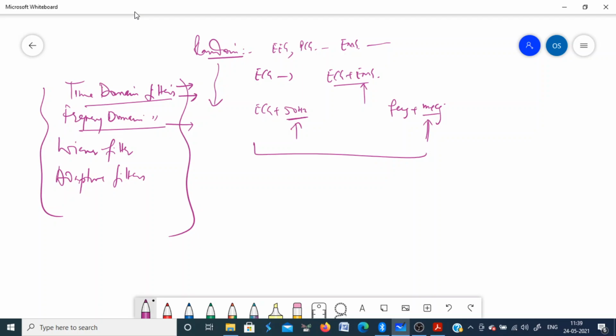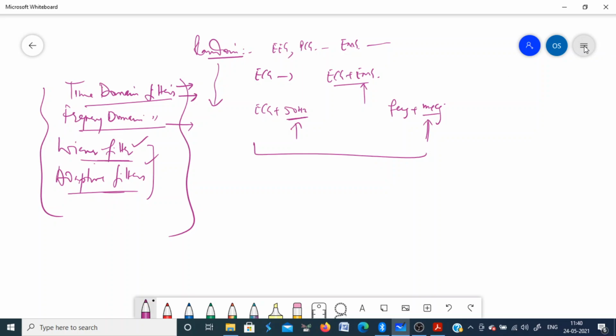Okay, and then these two filters, Wiener filters and adaptive filters, we also call Wiener filters optimum filters because they operate in an optimum or mean square sense. Anyhow, I cannot go into detail on this because you need knowledge of random processes to understand these types of operations.